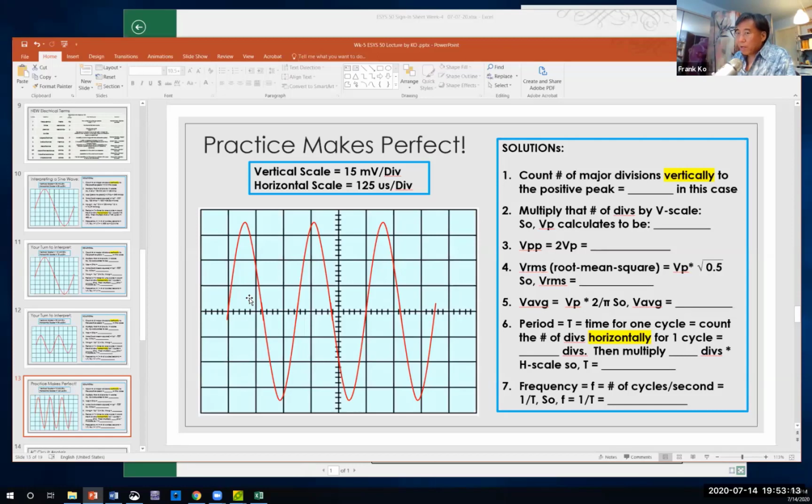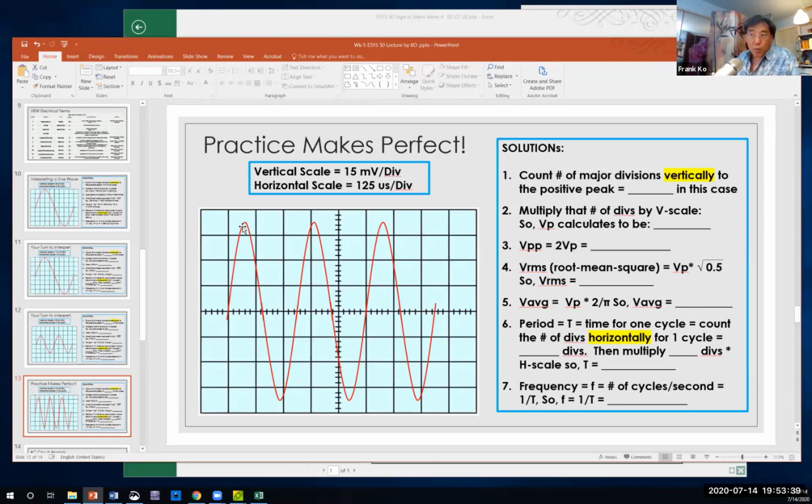Very good. That is entirely correct. We count the number of divisions from the middle line. The middle line is our 0 volts line. From the middle, we count up. The best that you can approximate, you take a piece of paper, fold it in half, create a nice straight edge, and lay it on your screen at the very top of the red waveform, the peaks.